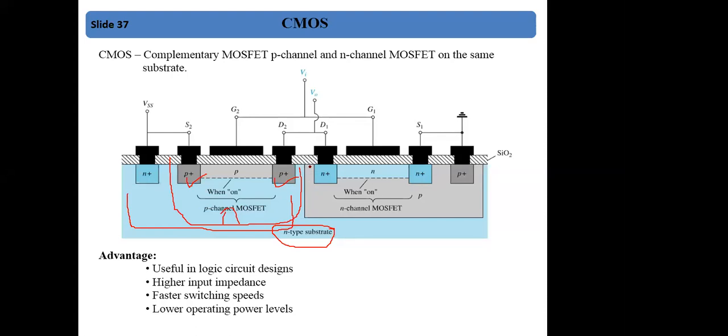Now for the N channel MOSFET, we take a P type substrate, and we have N material, and there will be an N channel in between them.